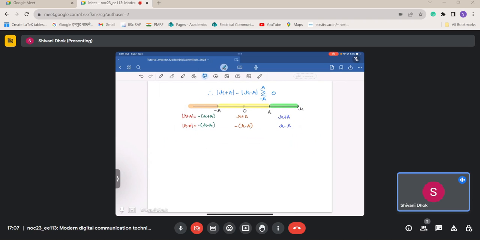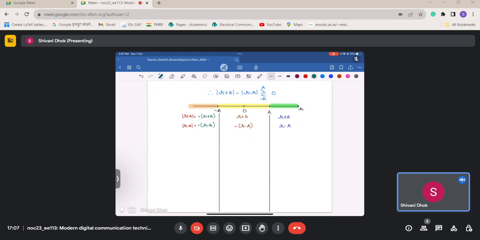So let us consider, I'll just divide this page in 3 parts. So for first region, this is second region and this is third region. Okay, so for this first region, let us look at the decision rule.